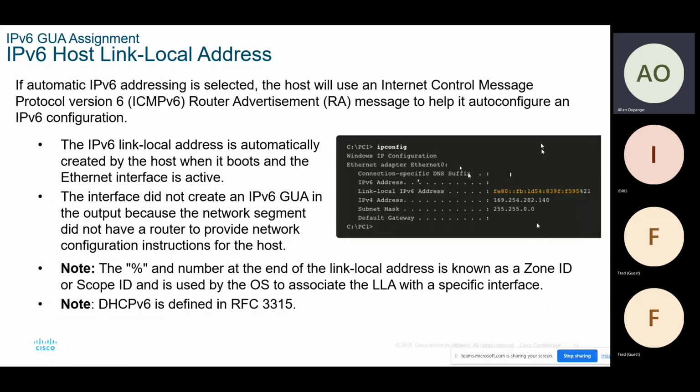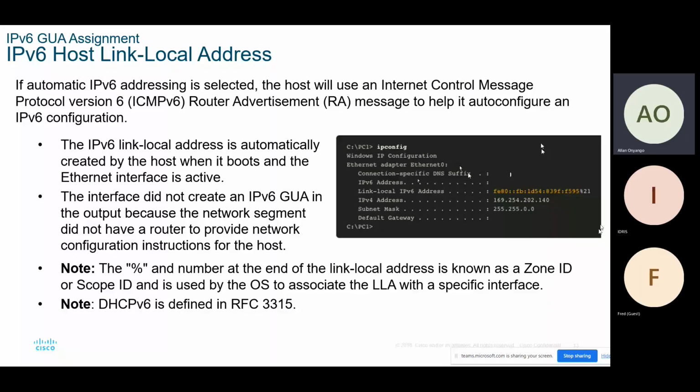We call it the RA message, which we have talked about before, and the RS message. RA is router advertisement, and RS is router solicitation. We are going to talk about those two, very, very important.